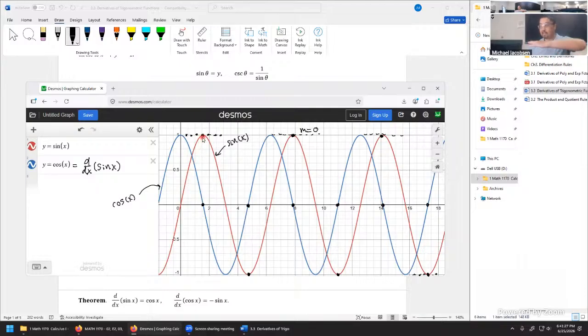That's where it turns around. If it's always increasing on this branch up to this point, that means the derivative, which we're claiming is cosine, should always be positive. And it absolutely is. It only goes negative through here, when the curve for sine is decreasing. So if sine is decreasing, the curve in blue is always below the x-axis.